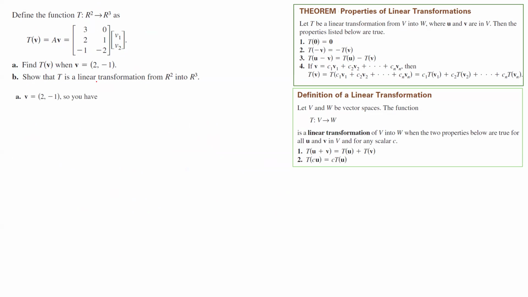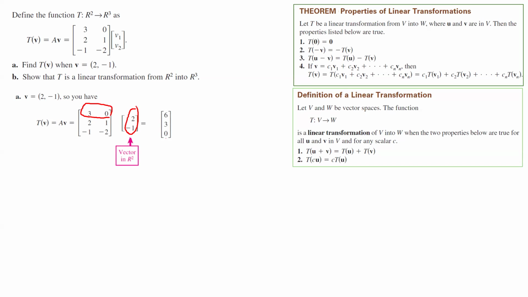Since v is equal to (2, -1), wherever you see v1, you're going to use 2, and wherever you see v2, you're going to use -1. T(v), as defined, is Av, which becomes the matrix with rows (3, 0), (2, 1), (-1, -2) times the vector (2, -1). For matrix multiplication, we take the first row multiplied by the first column, and then continue the process.